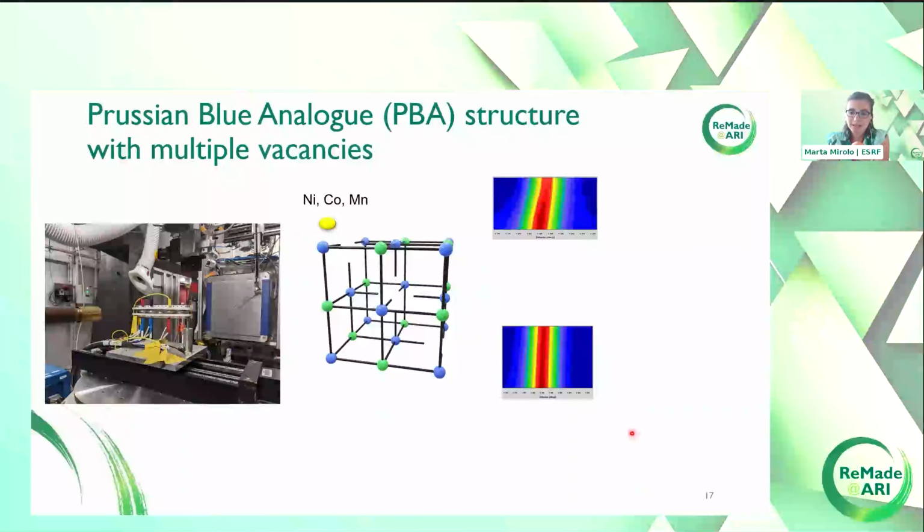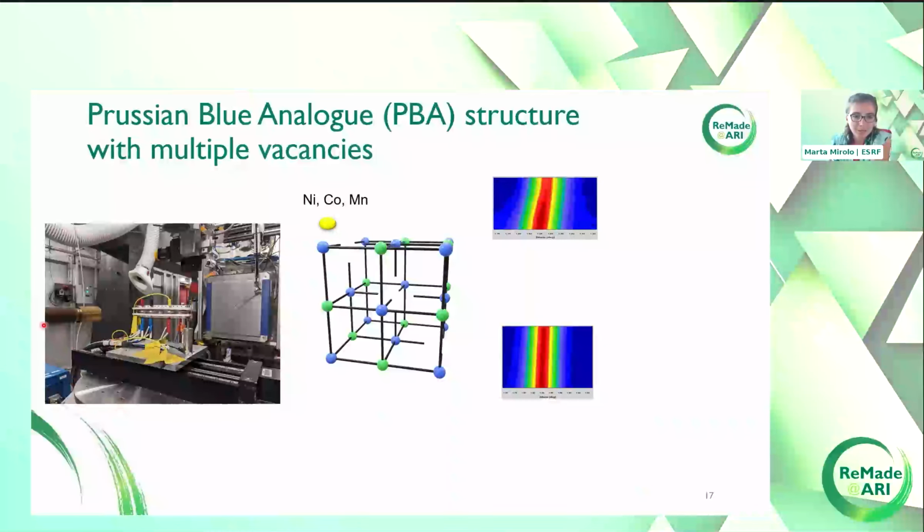So their idea is that depending on how the Prussian blue analog is synthesized, and depending on the potential that they are using, they might be able to recover only a given transition metal.